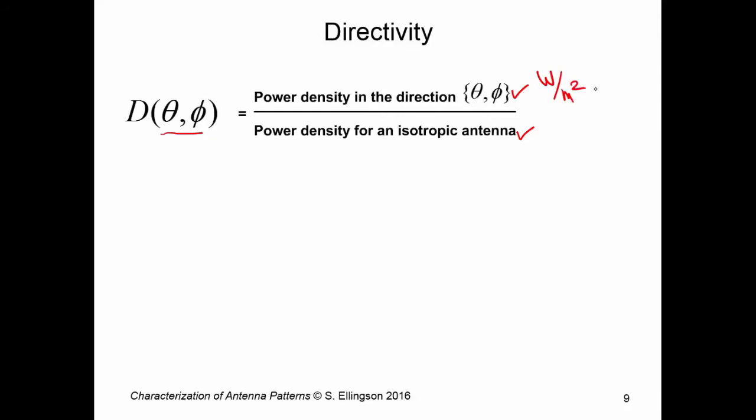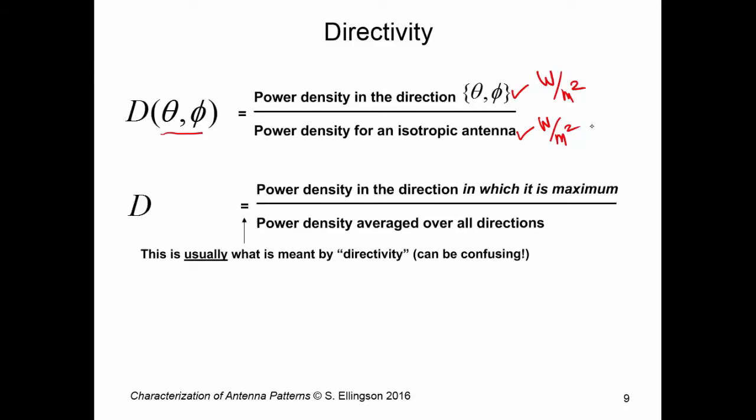And then you could repeat the experiment for an isotropic antenna, and it would put out so many watts per square meter in the far field. And you compare the two, and that tells you the directivity. So directivity tells you how much higher or how much greater power density is emitted in a certain direction compared to an isotropic antenna, which is an antenna which emits uniform power density in all directions.